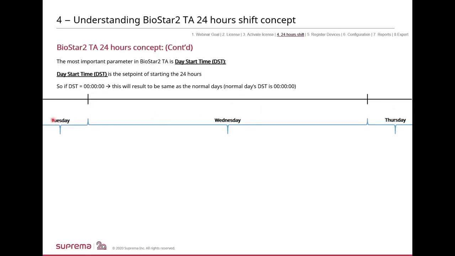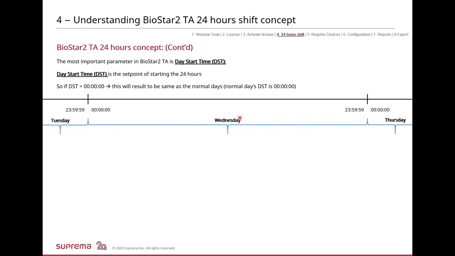So Tuesday is starting from midnight, which we know is 12 a.m., until 23 hours, 59 minutes, 59 seconds, which is 11:59:59 p.m. The next second, it is going to be Wednesday. And of course, as everyone knows, it is also until 23:59:59. And when the clock ticks the next second, it is going to be Thursday, which is the normal of every day.